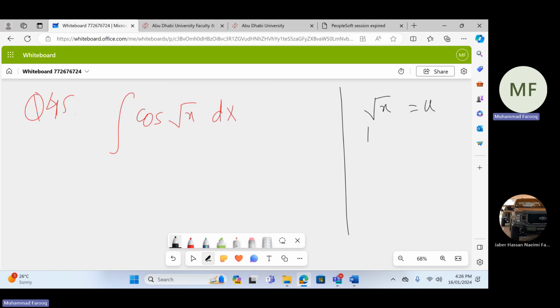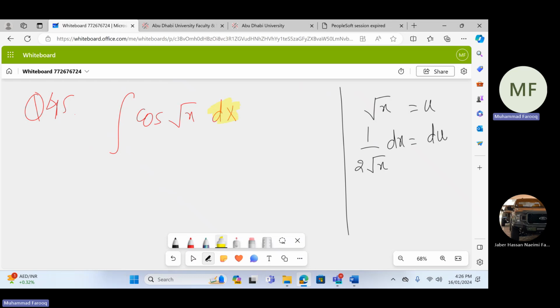Differentiate: 1/2 square root of x dx is equal to du. If you compare your question and this calculation, is there any matching here? No, of course not. Do one thing, please: calculate only the dx value from here.